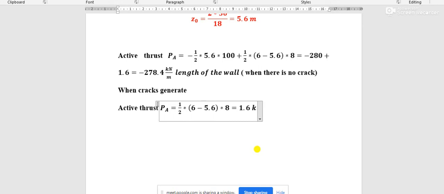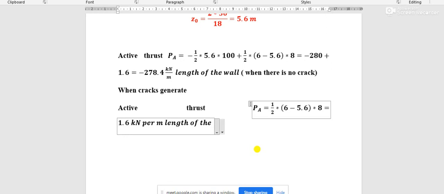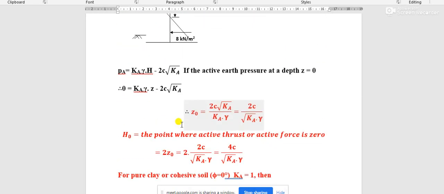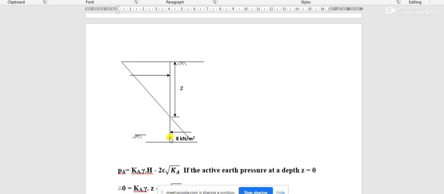kilonewton per meter length of the wall, and the length is the dimension perpendicular to the screen. The length of the wall means the dimension perpendicular to this.